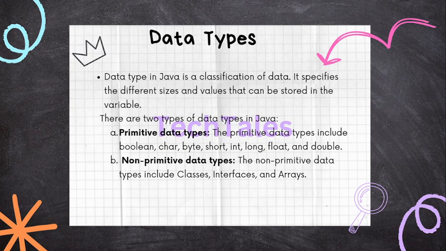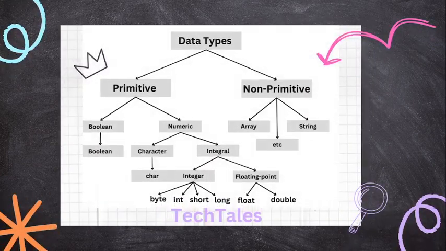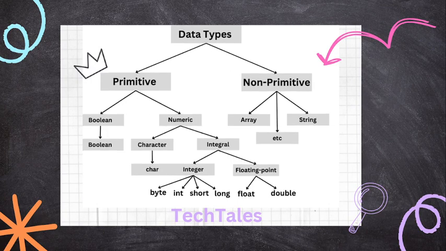For example, we have classes, interfaces, arrays, or enum, which users can create as per their requirement using primitive data types. So this is the classification of data types. We have primitive and non-primitive.